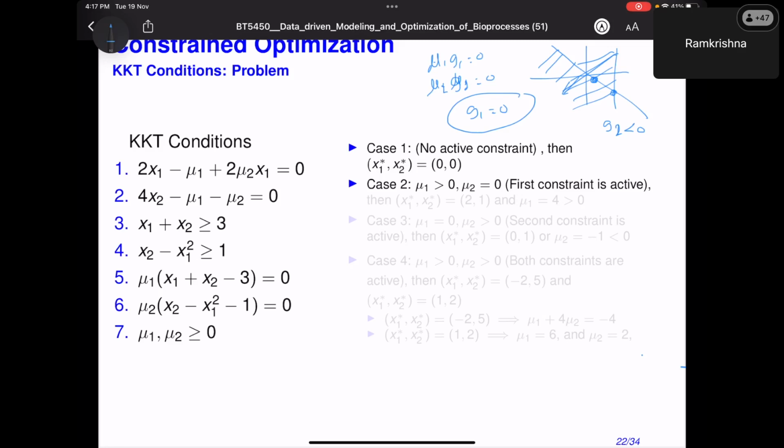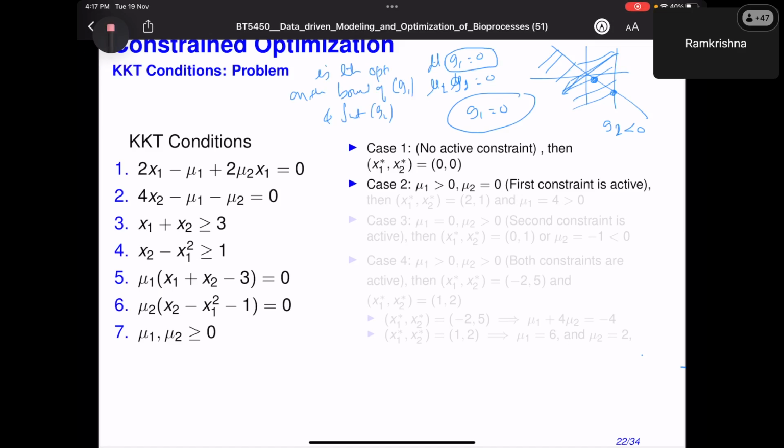Mu1 is greater than 0, which means the only possibility for this to satisfy is G1 equal to 0. So I'm asking myself, is the optima on the boundary of G1 and the interior of G2? Okay, that's possible, right?